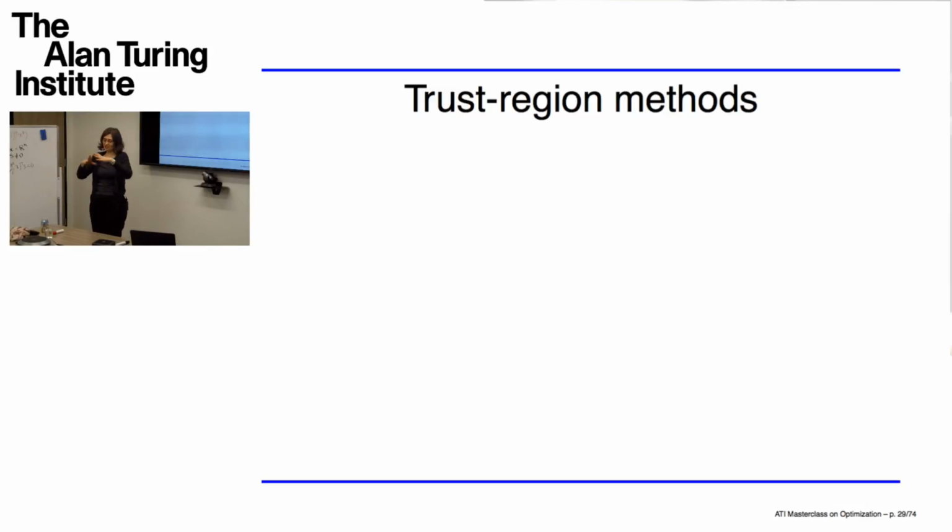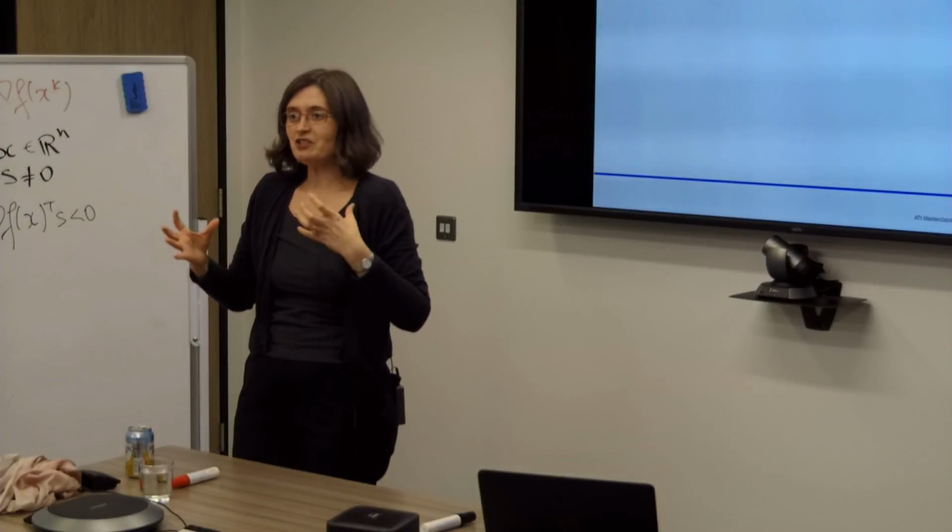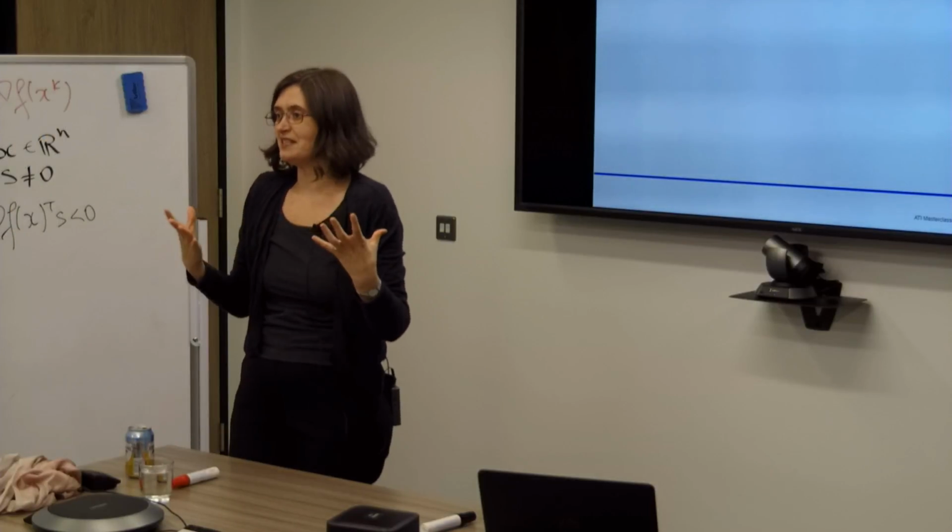I've told you about this general framework of line search methods, where we try to have a descent direction on each iteration and compute a line search. We decrease the function on each iteration, usually by a sufficient amount. We also saw that we can have various methods in this class.